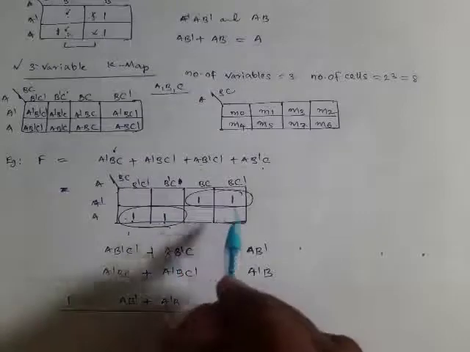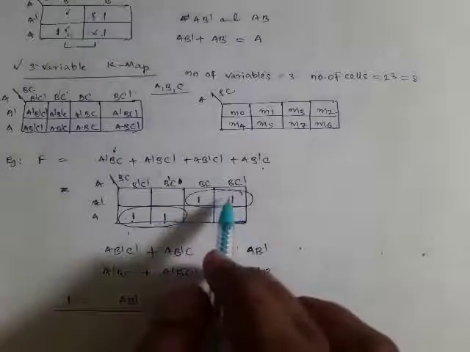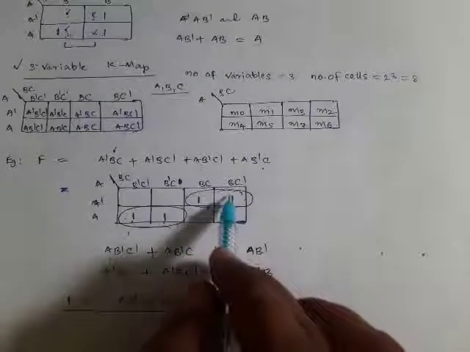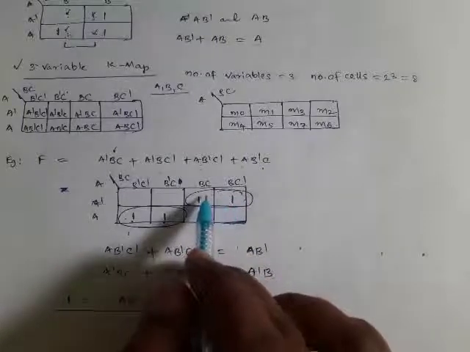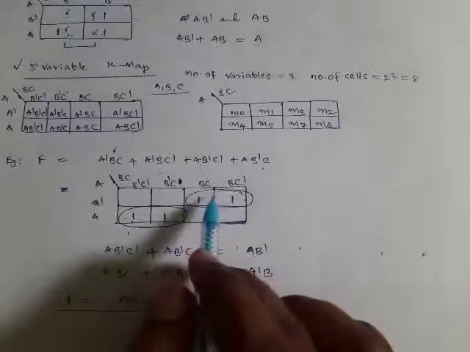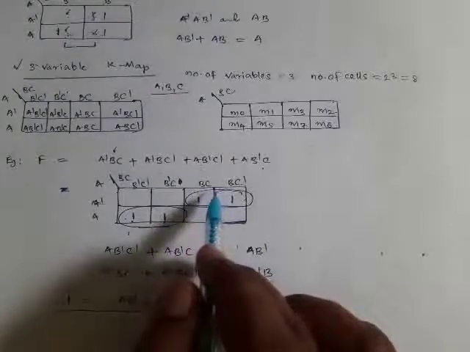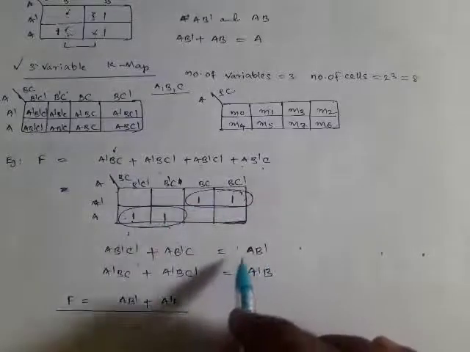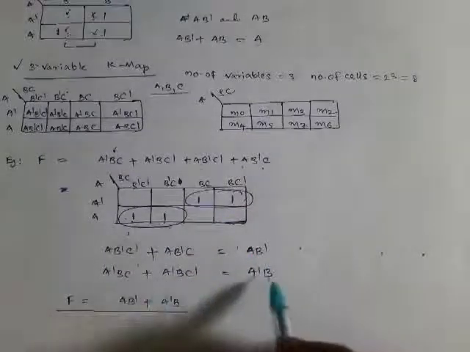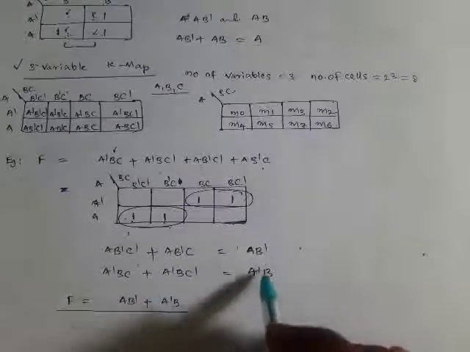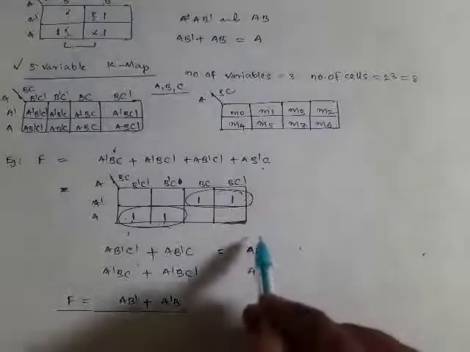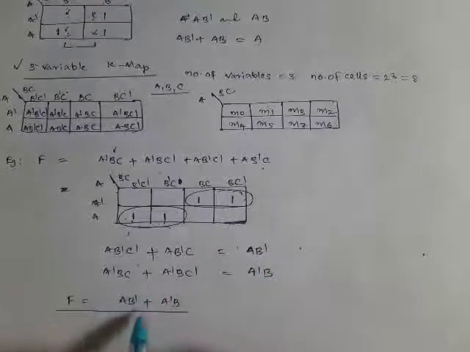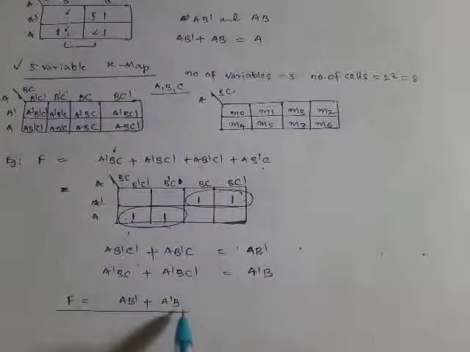Similarly, the remaining two minterms are also adjacent and form a pair, eliminating the variable C and resulting in the product term A bar B. To get the final simplified expression, I logically add the terms obtained by grouping the minterms. So F equals A B bar plus A bar B.